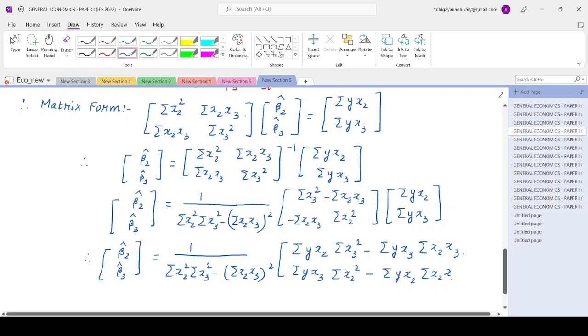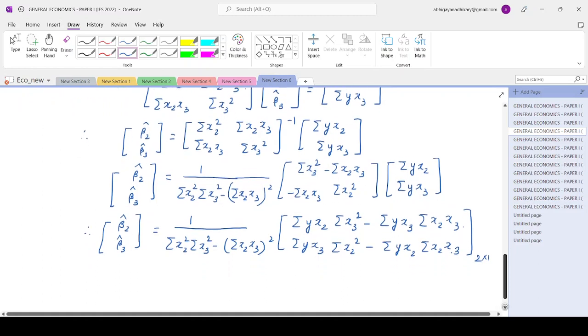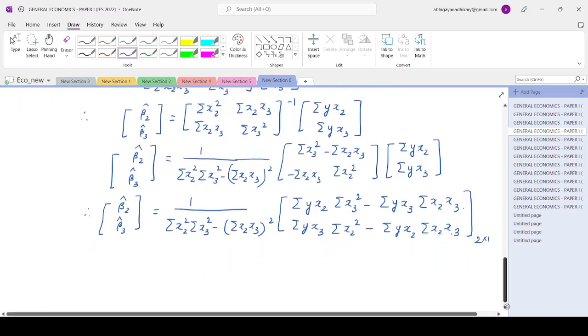Okay, so just a normal multiplication that has been done. This is a 2 cross 1 vector in case you are confused.